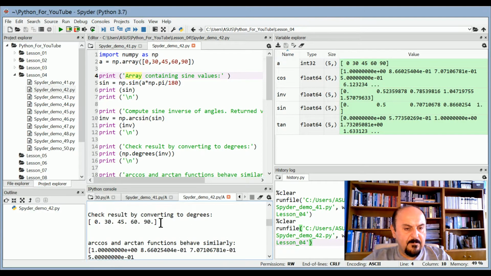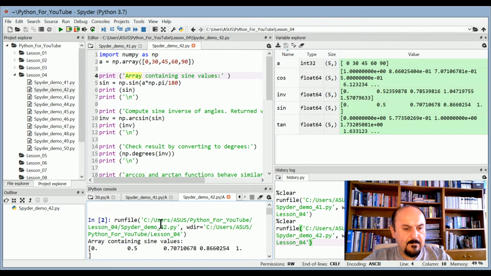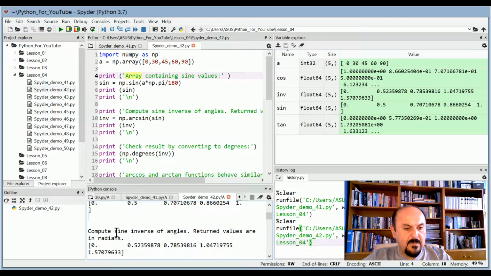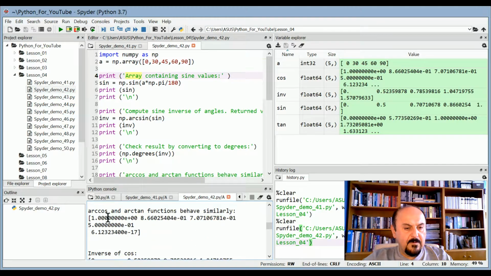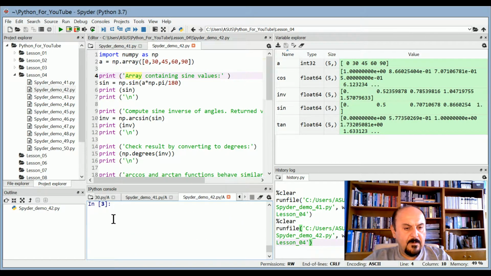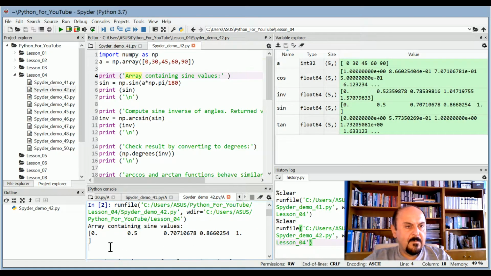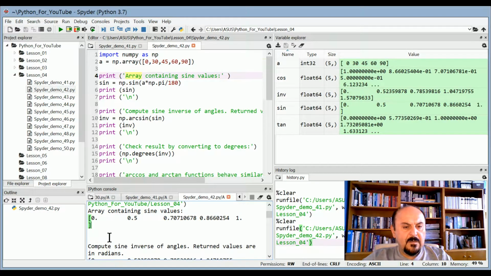Okay, sine values are like this. Okay, you can see sine values are printed here.